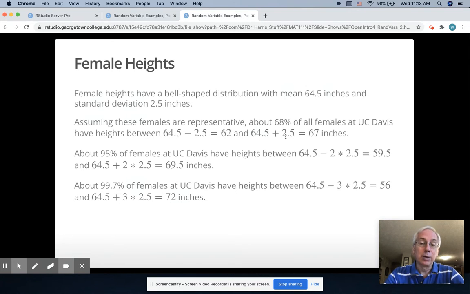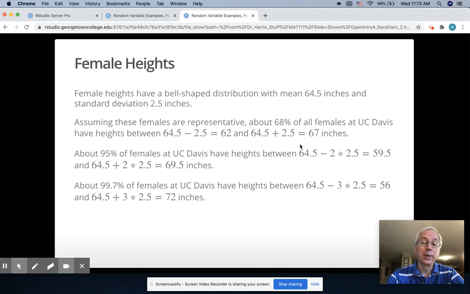And I'm going to add 1 standard deviation, 2.5, to 64.5 to get 67. And so we would say that about 68% of all females at this college, this university, have heights between 62 and 67 inches.